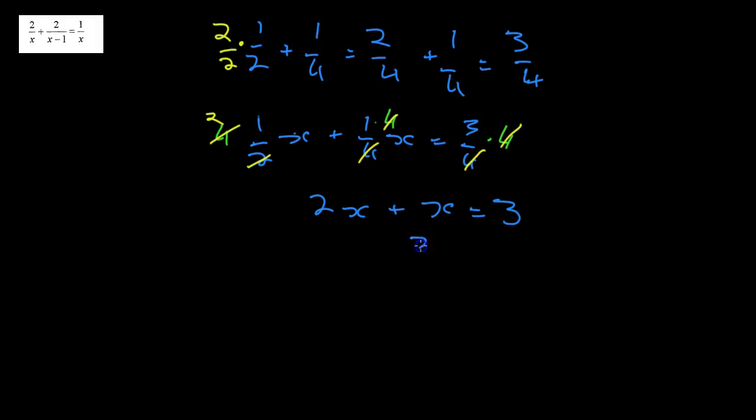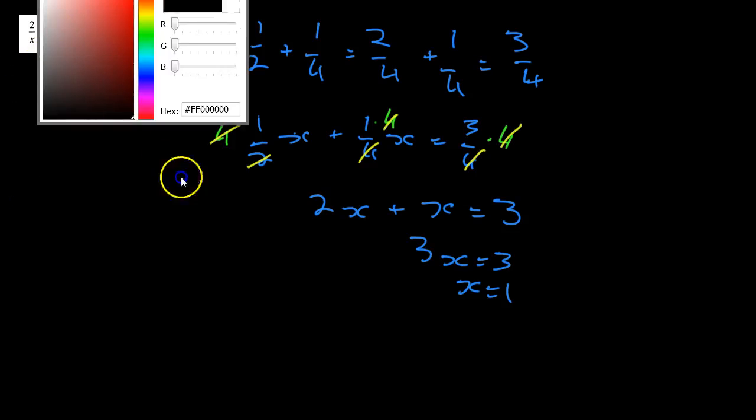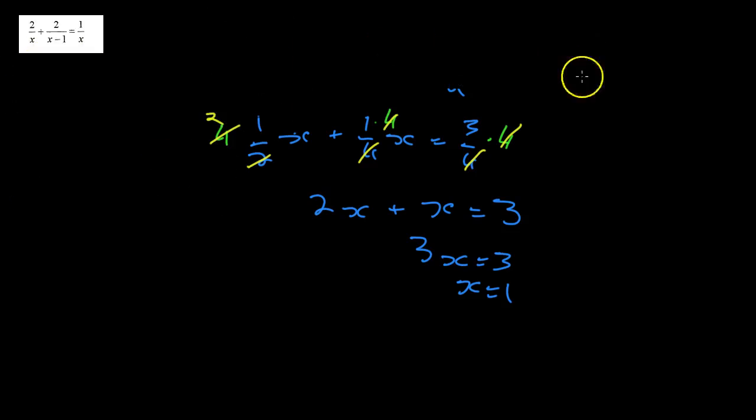Obviously x is 1. 3x equals 3, x is 1. But you get the idea. With an equation, I'm allowed to multiply through by a certain number in order to get my answer, whereas with the simplification problems, if you remember, you had to multiply each term by the least common denominator.